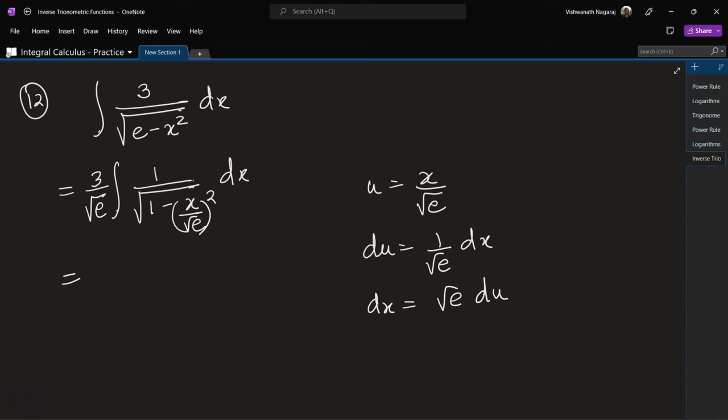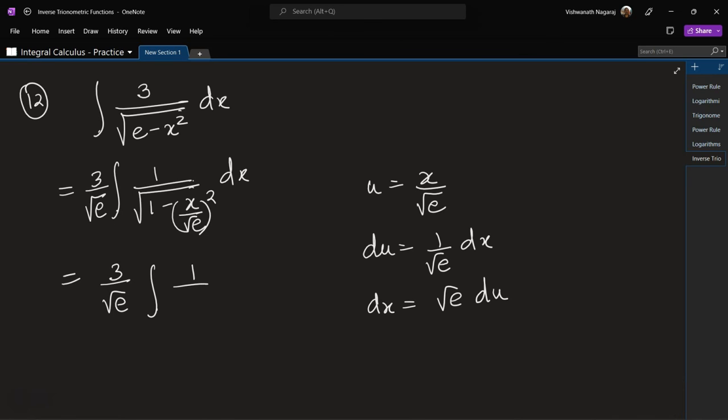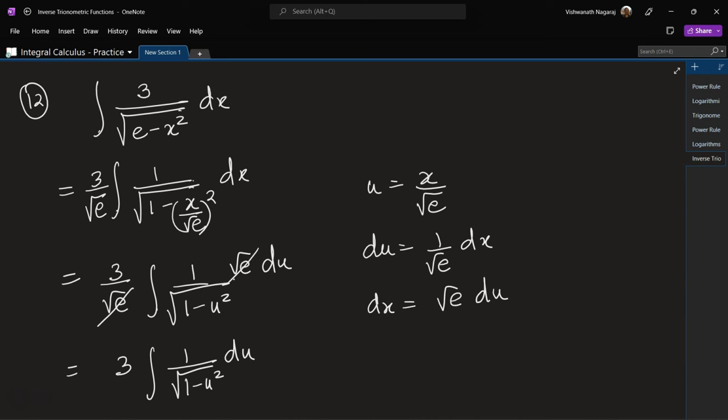So now the substitutions. So 3 by square root of e, integral of 1 by square root of 1 minus u square times dx is square root of e du. Square root of e, square root of e cancels, and we have 3 times integral of 1 by square root of 1 minus u square du.